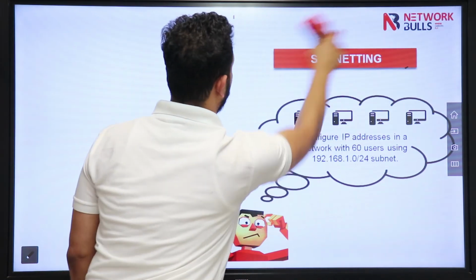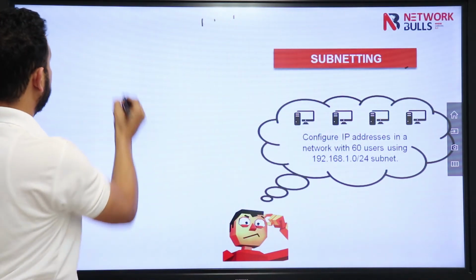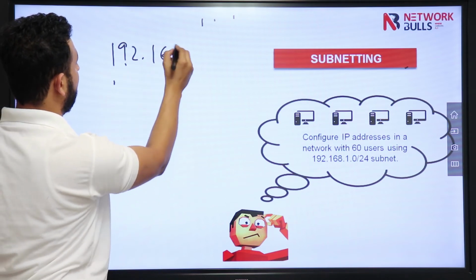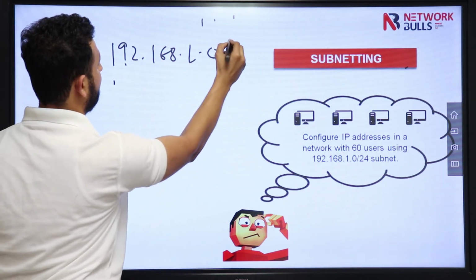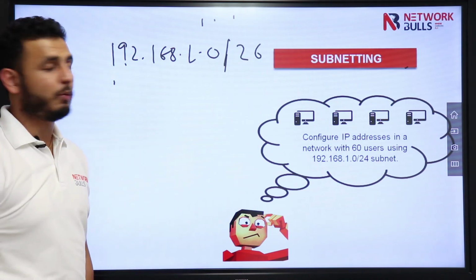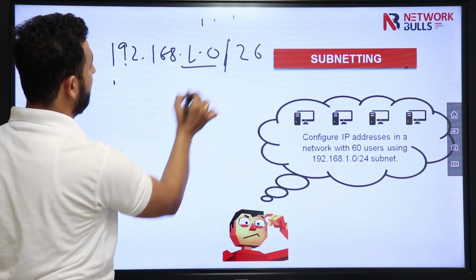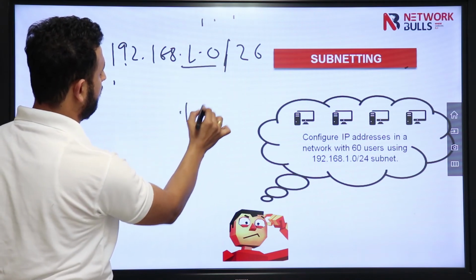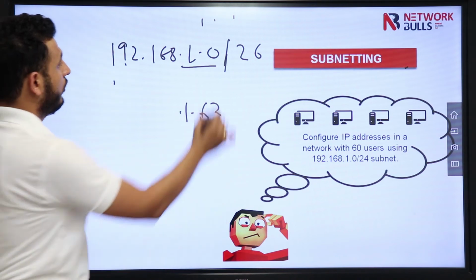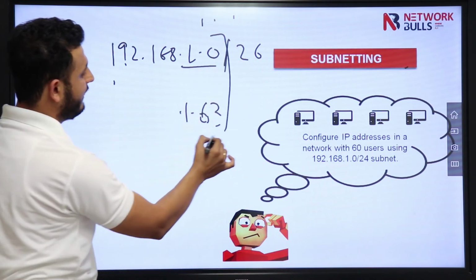So now my network ID is 192.168.1.0 slash 26. Now if I calculate network ID and broadcast ID, this will be network ID and broadcast ID will be 1.63. So here you can see this network is divided now.